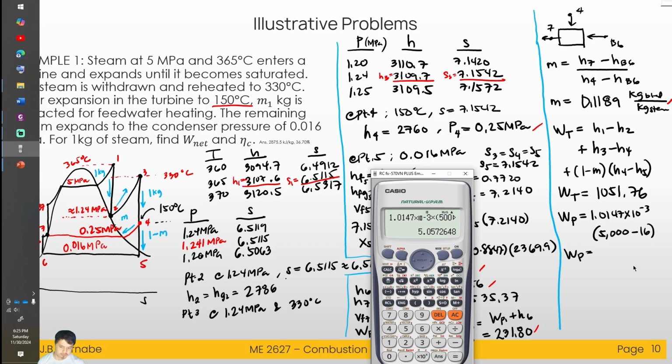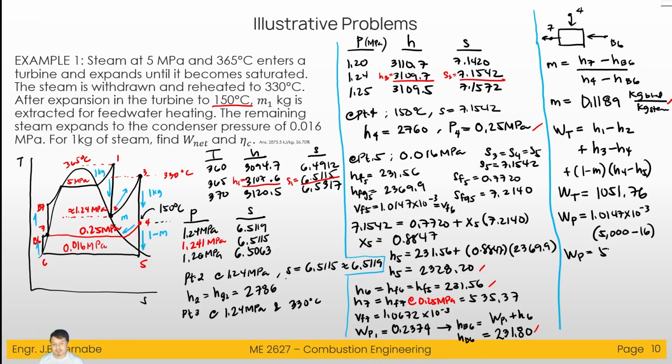So 5.057, no? 5.057 kilojoule per kilogram. So therefore the network will be equal to, parang iba pala nalagay ko dito. QA pala to, no? This is the QA.